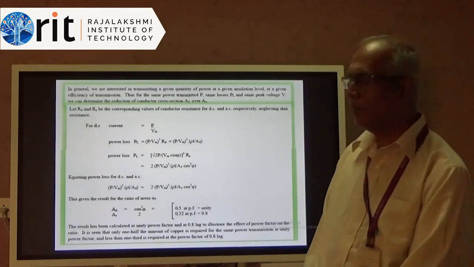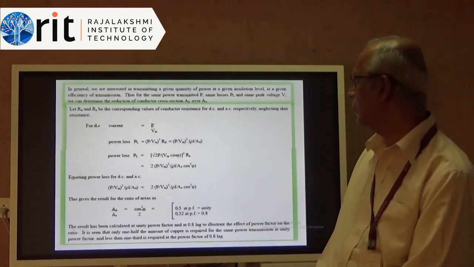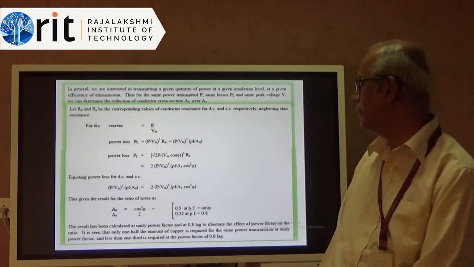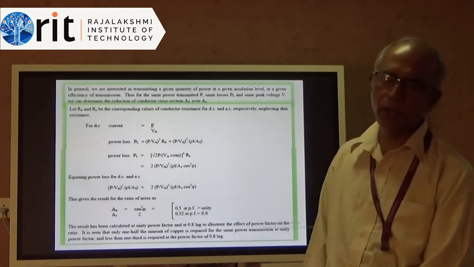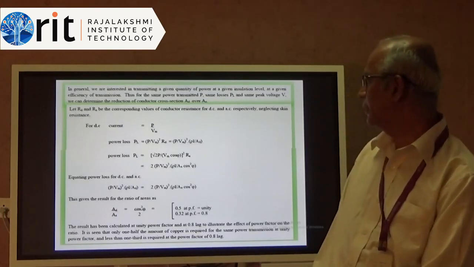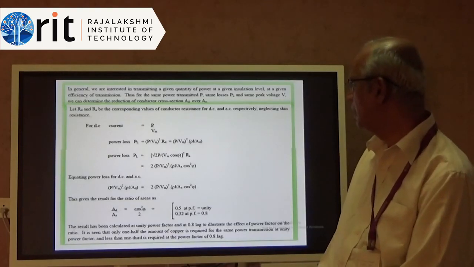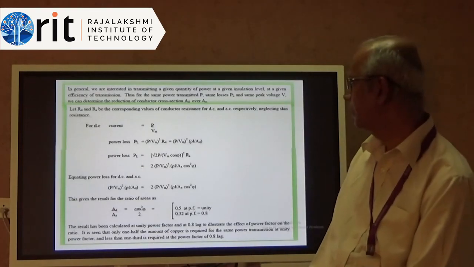So if you work out the power loss, we know it is I squared R. In this case, the current is given by P by Vm, right? Power divided by voltage will give you the DC current. Square of that value multiplied by RD will give you the power loss, right? So that works out to P by Vm whole squared, and the resistance itself is given by rho L by A, our familiar expression. A suffix D is the cross section of the conductor for DC transmission, right?